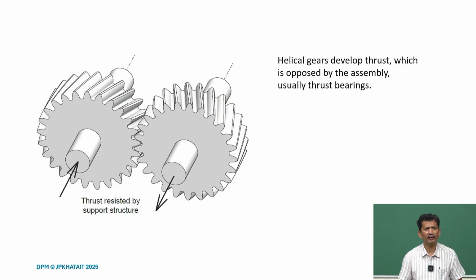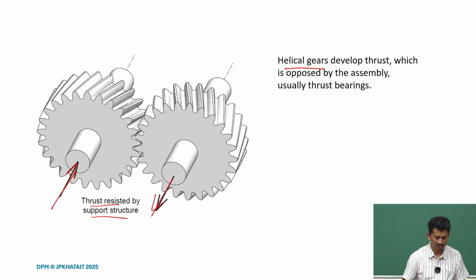In many applications, we use helical gears, and what we realize is that they develop thrust. This thrust will pass to the bearings through the shafts. So, now it's taking a very long route, right.